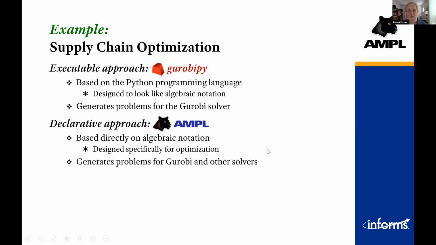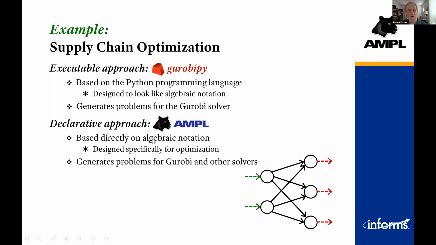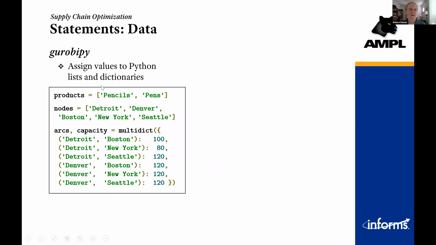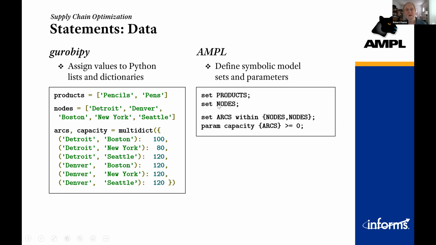So I'm going to use a simplified form of the network. And so here's the data again. And now I'm just going to focus for current purposes on these different sets and the capacities. How do I write that in Gurobi Pi? Well, I write some Python lists and dictionaries. So you see here I'm using data structures of Python to represent this data. In AMPL, it's more declarative. You would say, well, there's a set of products, there's a set of nodes, and there's a set of arcs within the node pairs.